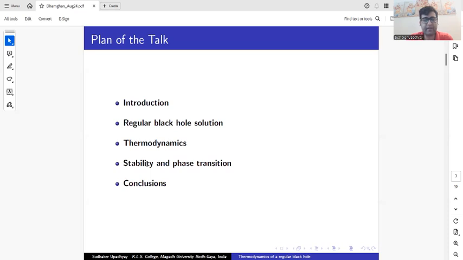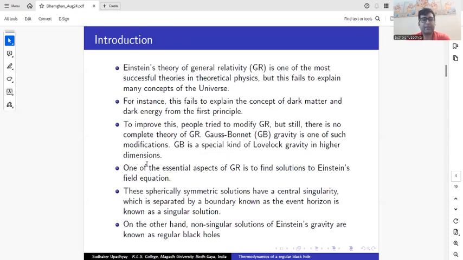Starting with the introduction, Einstein's theory of general relativity is one of the most successful theories of theoretical physics, but it fails to explain certain concepts of the universe. Concepts like dark matter and dark energy still need to be studied because they are not understood quite well.